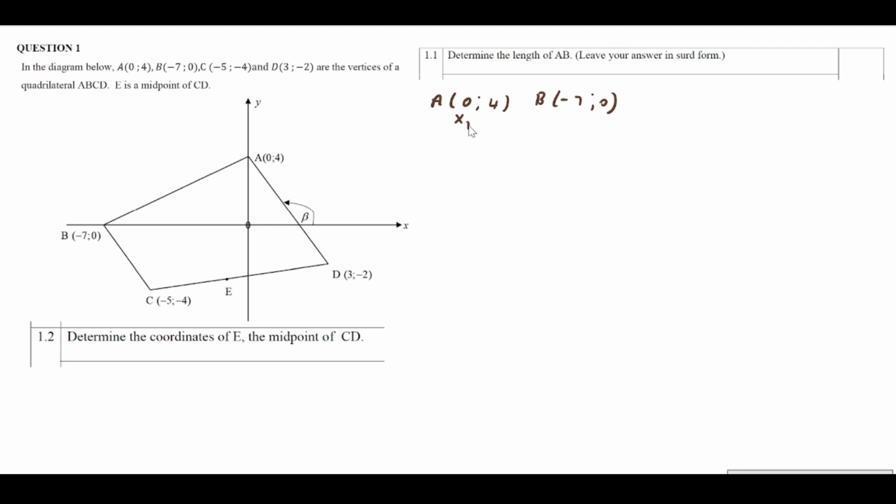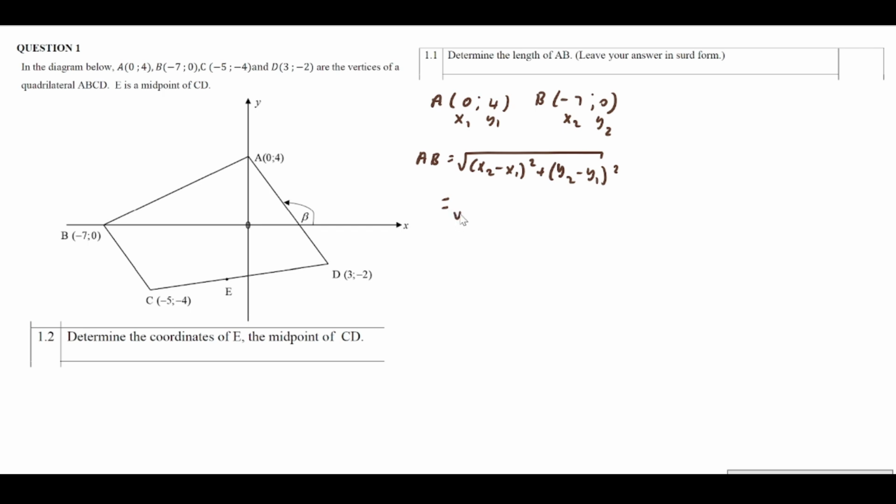Label your coordinates as x1 and y1, and this one is x2 and y2. Then determine the length. The formula is in your formula sheet: the square root of x2 minus x1 all squared plus y2 minus y1 all squared.